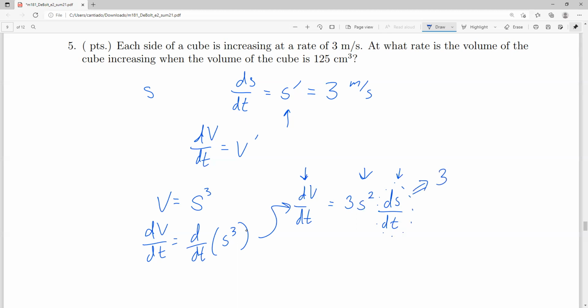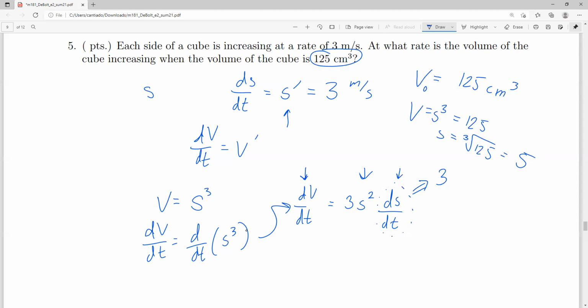Well, we're going to need to find s. Look at the last piece of information they gave us: the volume is 125 centimeters cubed. So can we not use this formula to find s? Because we know that the volume is 125, s is just going to be the cube root of 125, which just so happens to be 5. So s is equal to 5.